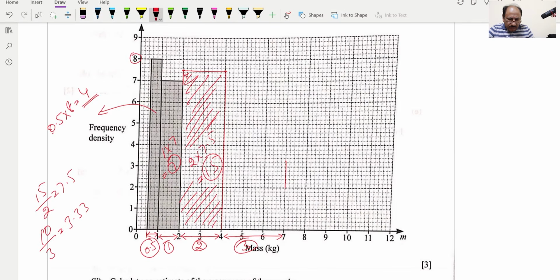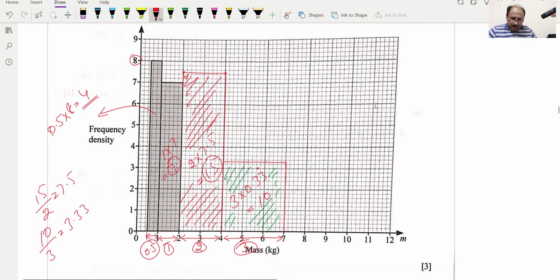So if we draw the bar for 3.3, it will be a little more up, a little like this one. So up to this one, so we can write 3 multiplied by 0.33 will be equal to 10 recurring. Okay, and this will be the histogram bar, which is shown like this.